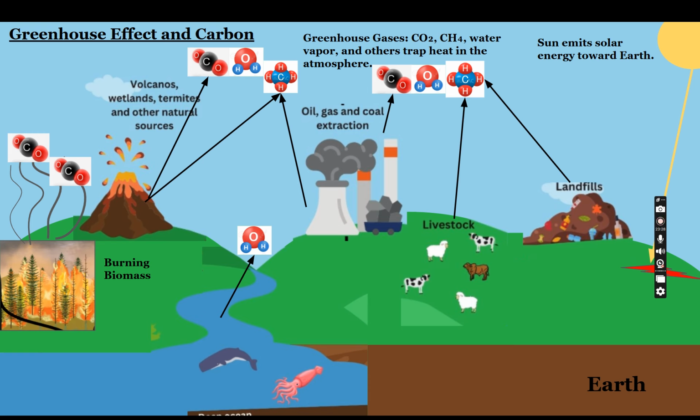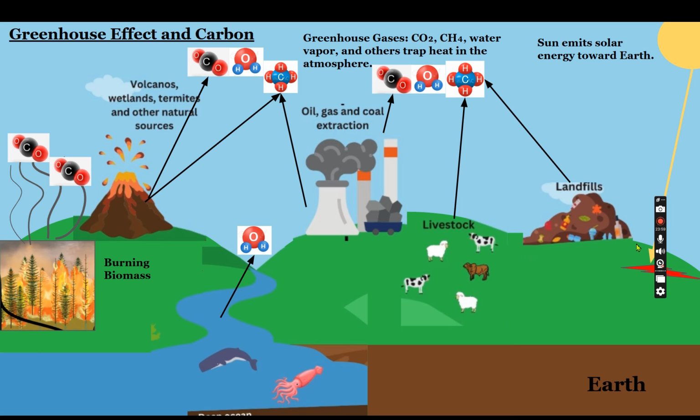And this is a natural process, and it's completely fine. However, the human impact through landfills, through oil and gas, through the burning of fossil fuels, and now growing more and more livestock has contributed to more and more greenhouse gases on the planet. So here's the problem. We have more and more greenhouse gases than ever before.